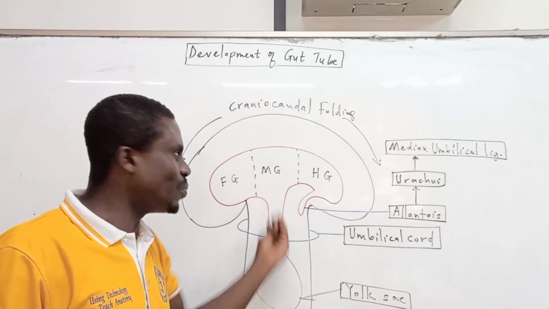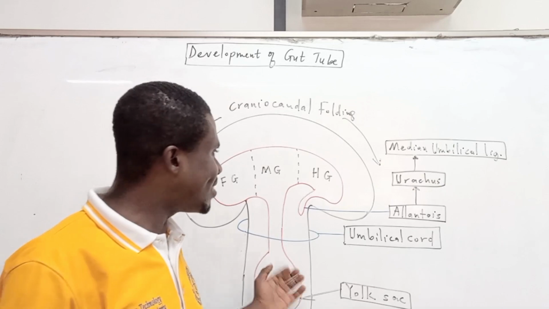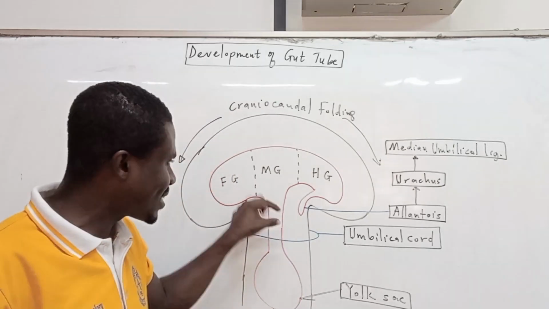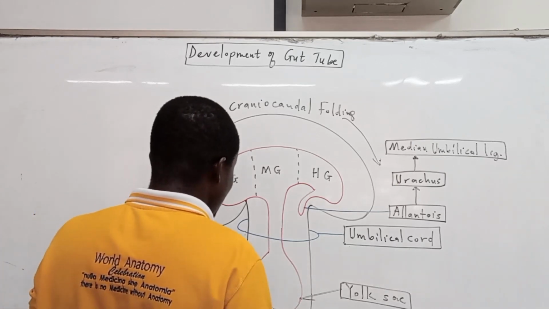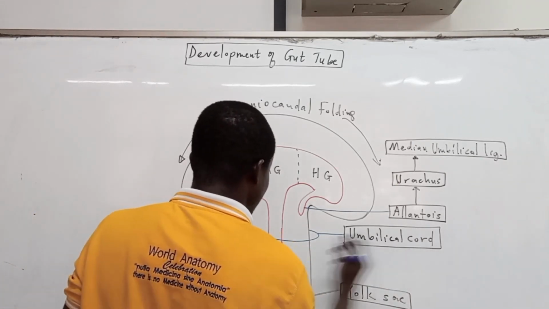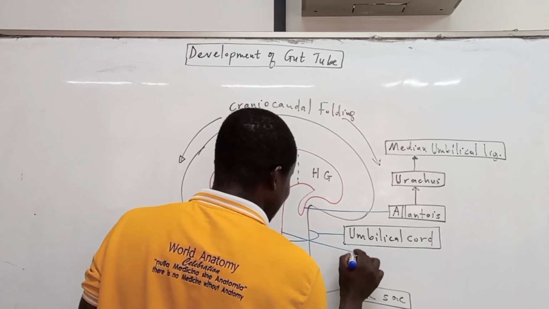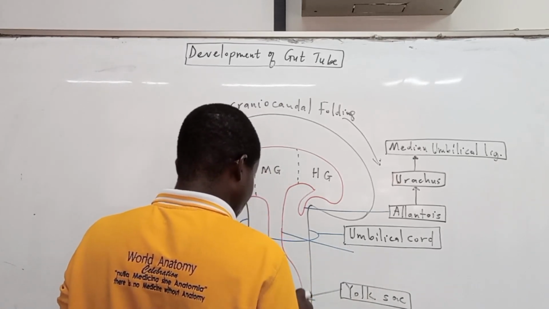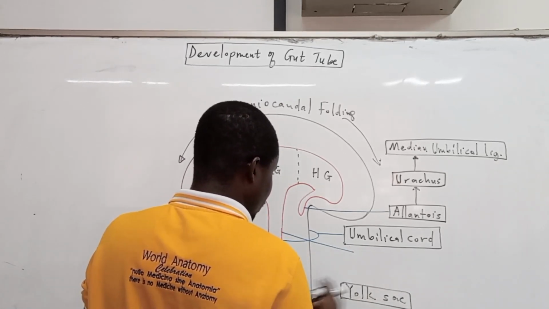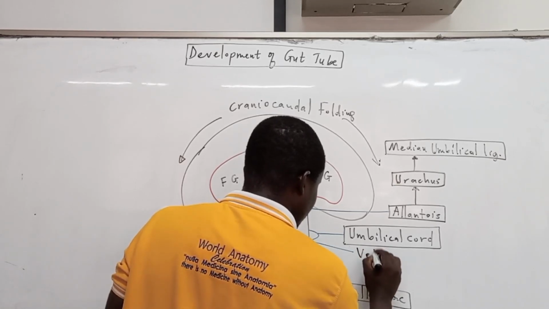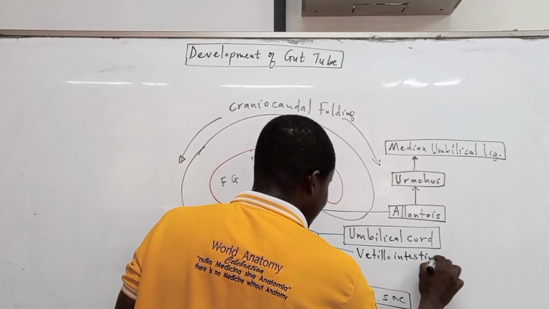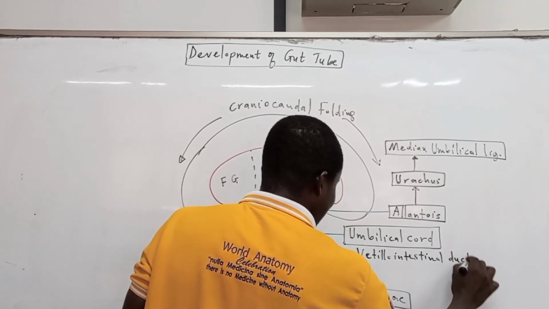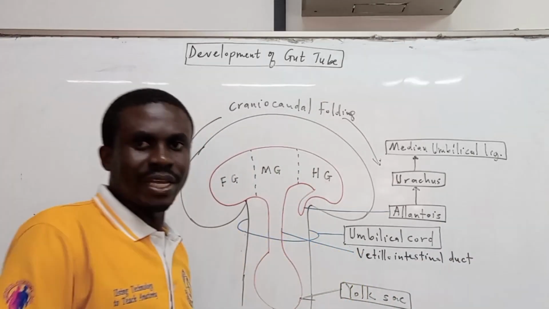So there will still be that kind of nourishment. My friends, we see this connection by way of this guy over here. This guy over here that we find over there is something that we call the vitello-intestinal duct. So let's put that name down. This guy here is the vitello-intestinal duct.